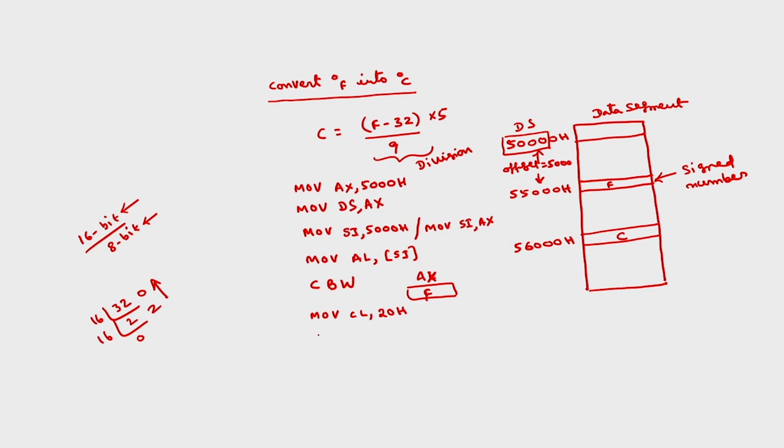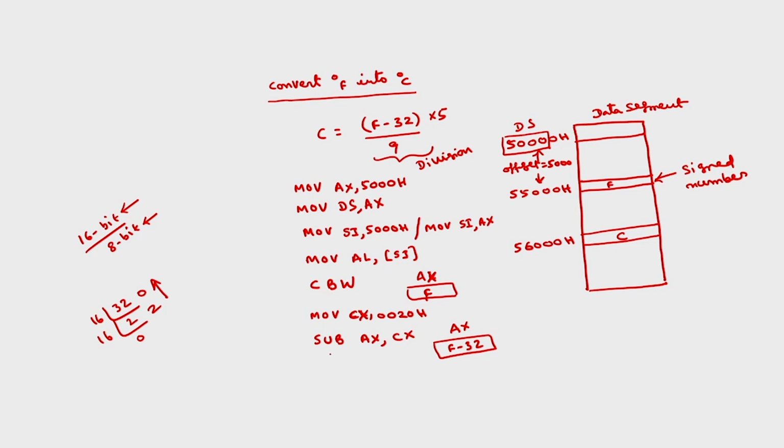So SUB AX, you can take CX because the source is 16 bit, MOV CX, 0020H, then SUB AX, CX. Now in AX what will be there? A 16 bit equivalent of F minus 32. Okay. Now this we have to multiply with 5.